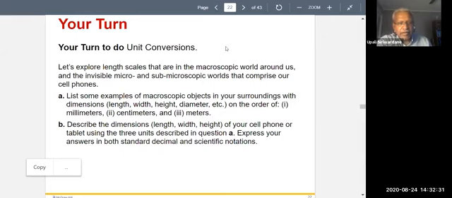Millimeters are small, like the thickness of a coin. Centimeters are the radius of a coin, and meters are macroscopic, like your height is 1.7 meters. Larger objects are measured in meters.